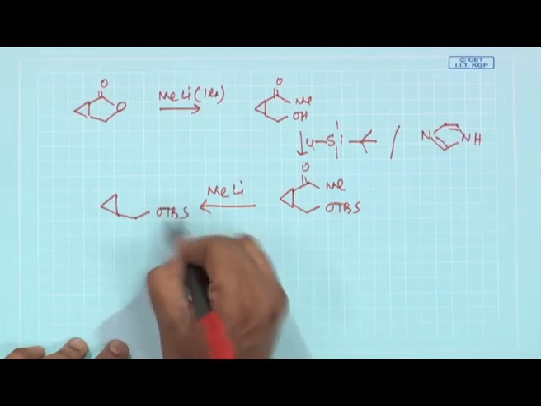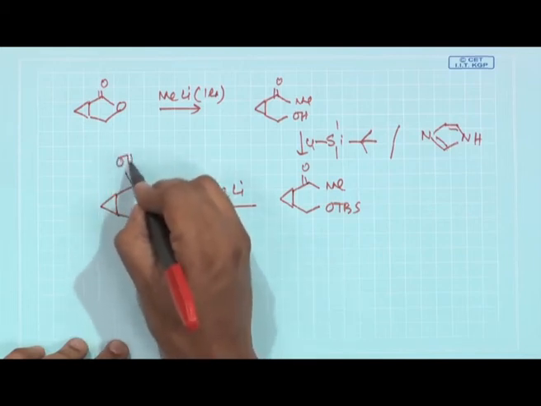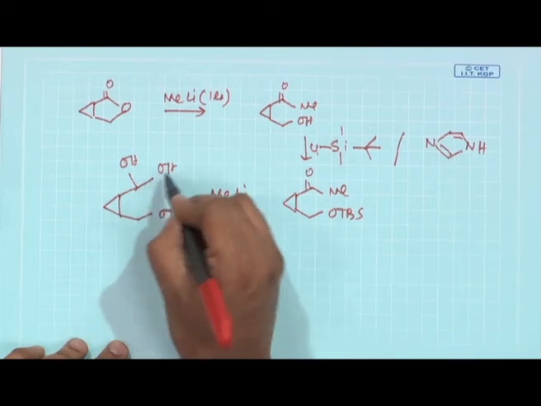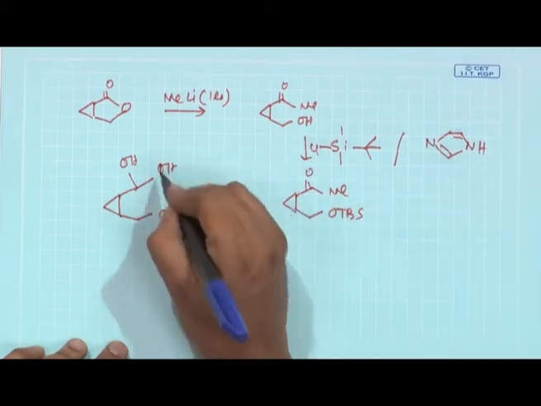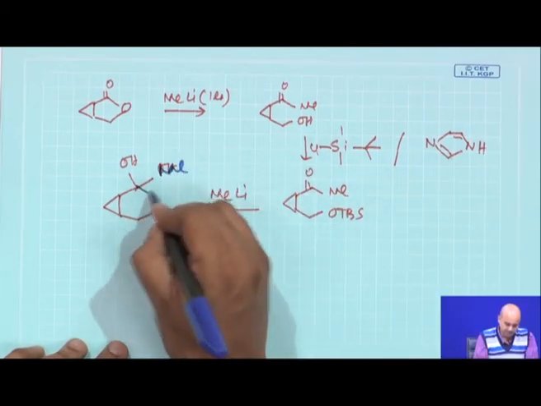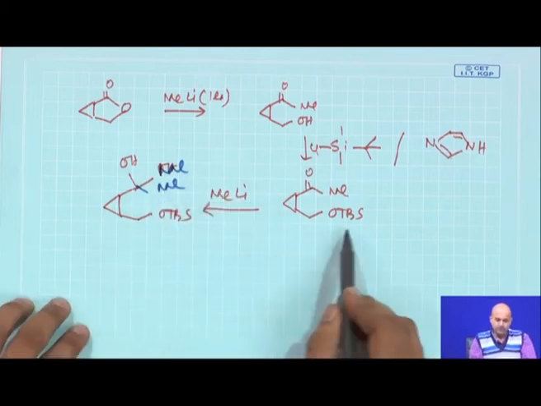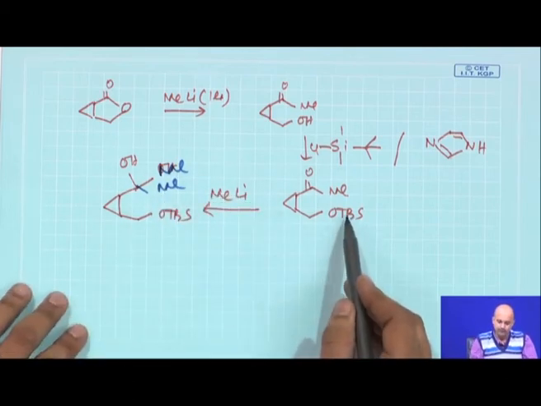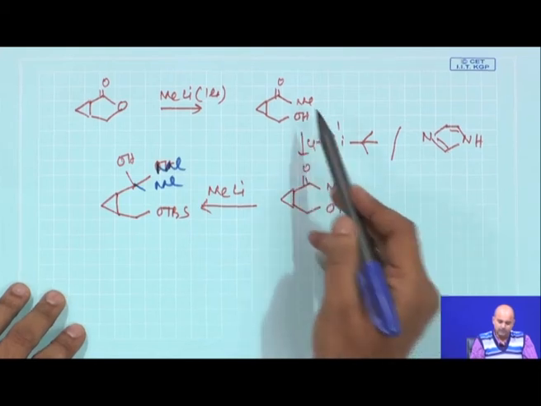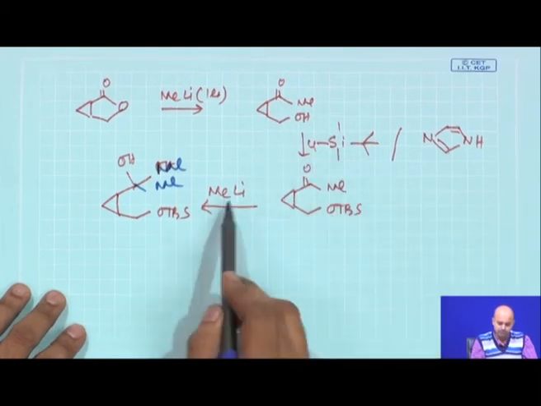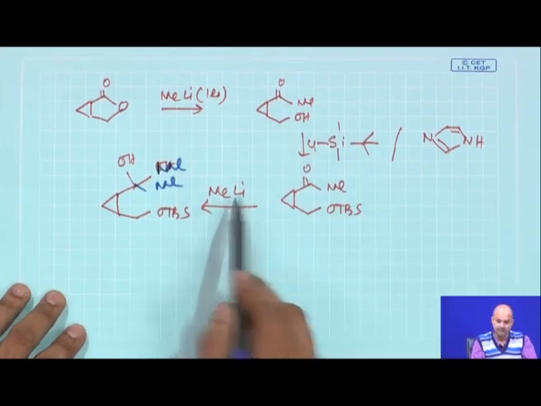Then you use another equivalent of methyl lithium, that will basically give you the OTBS is there, and you get this tertiary alcohol OH, and this is the remaining methyl part. So, you basically need to protect this CH2OTBS to make sure that this methyl lithium is not acting as a base.